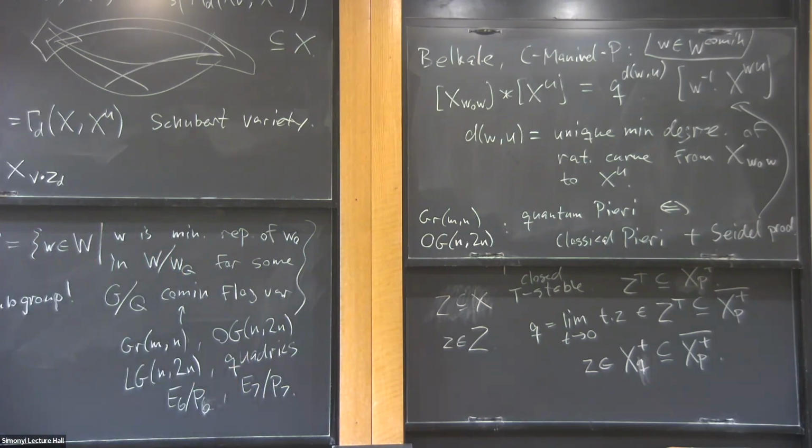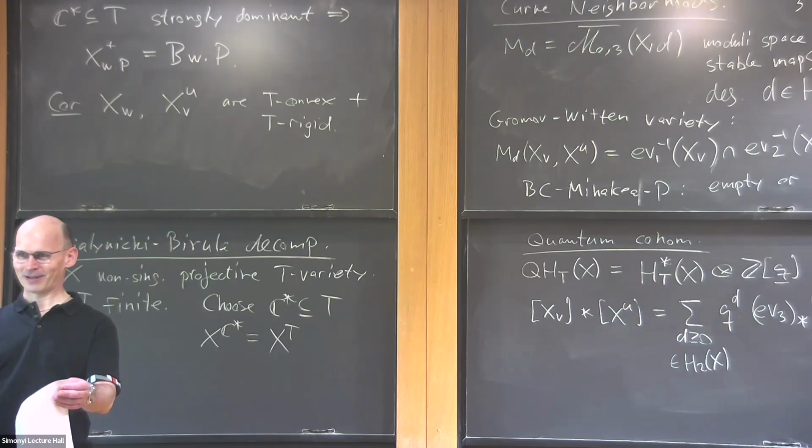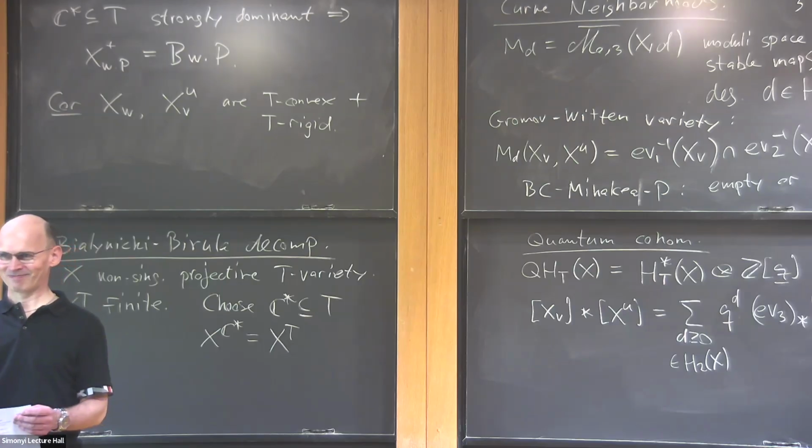So a unique minimal degree rational curve means that there is a unique minimal degree in the homology ring. The second homology has a natural partial order, and I don't have two independent curves that connect this and that. That can't happen.